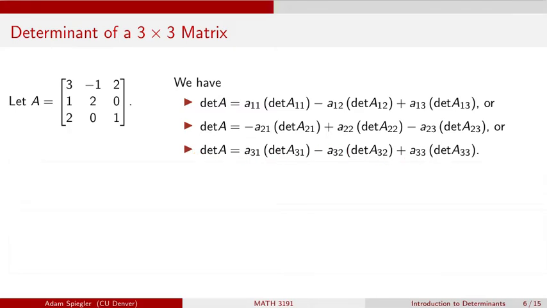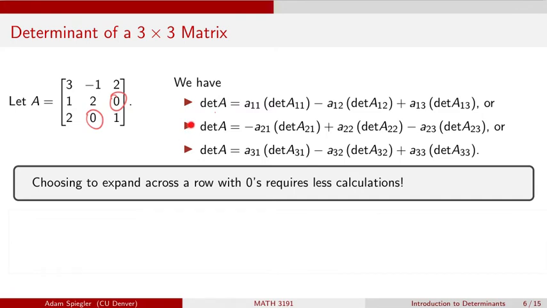And what is important to note here is that it makes sense to choose rows that have zeros in them as opposed to a row that has all non-zero terms. So going across row 2 or row 3, we actually had one less determinant to calculate. For example, in row 2, entry A23 was 0, so we didn't need to worry about the determinant of submatrix A23.